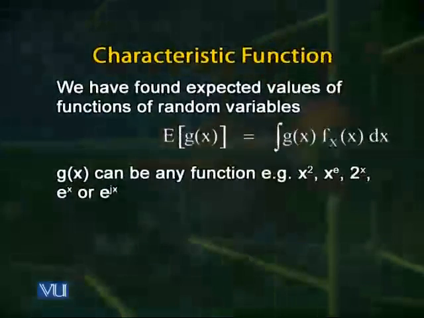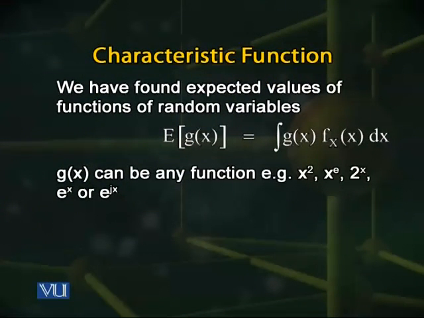Can we find expected value of e raised to power x? Yes, certainly we can find, and that will give you another number. All these functions when evaluated give you a scalar valued number. So mean, variance, second moment, expected value of 2 raised to power x, expected value of e raised to power x, all when evaluated give you a scalar valued number, which is the expected value of the function used in the evaluation.